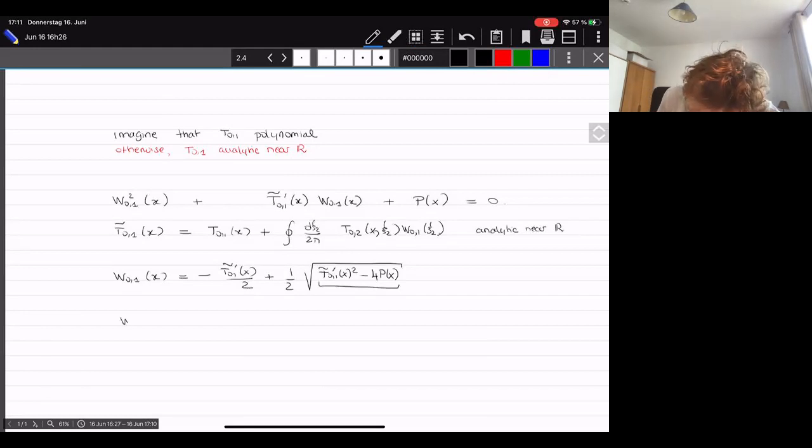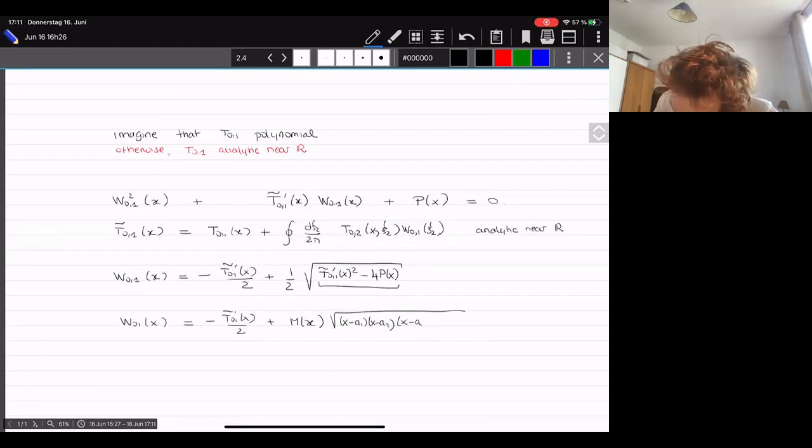So I learned that this W01 of x is going to be of the form m of x and a square root here that may have several factors. So that corresponds to the simple zeros, and the other one corresponds to the even order zeros, which I could factorize.